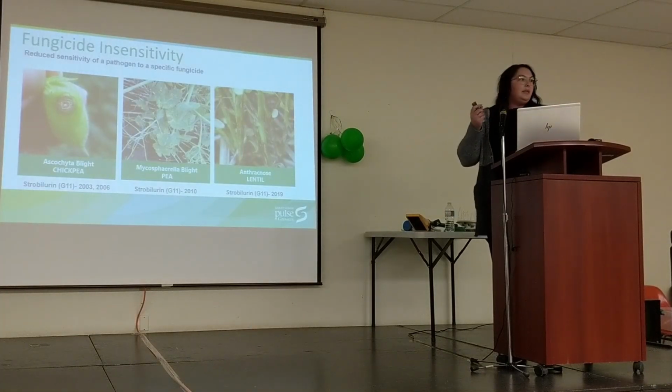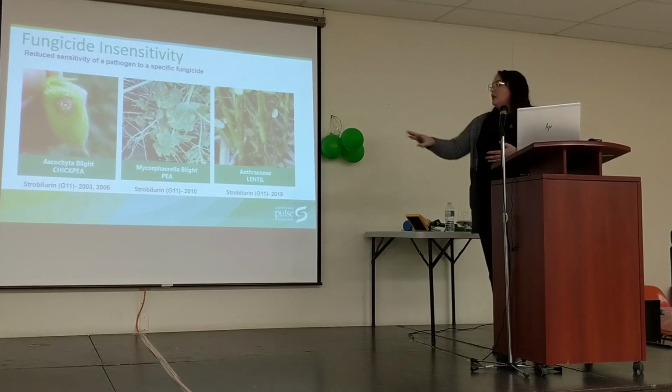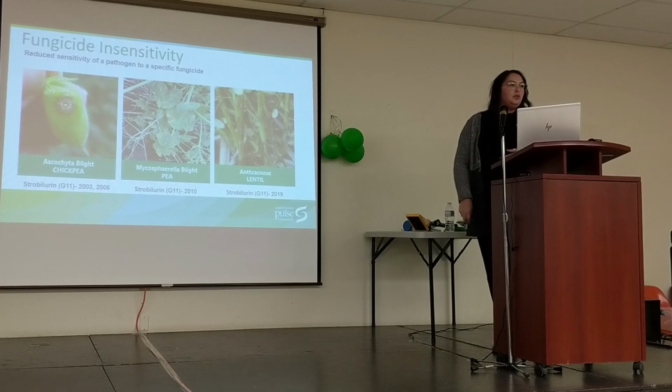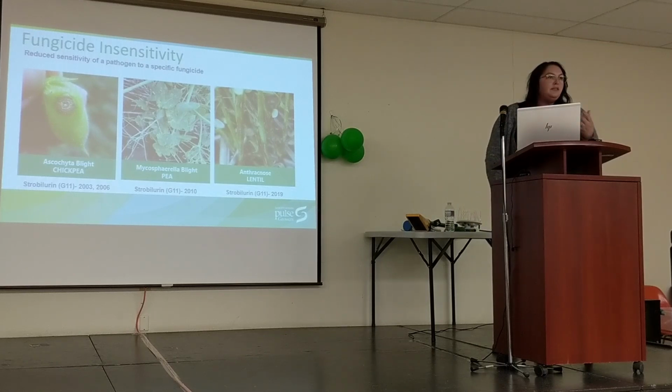And this is the reason I bring this up is because this is what we're seeing currently in our larger acre crops. So I talked a lot about Ascochyta. All three of these images are showing an Ascochyta infection in chickpea, lentil, and pea, and all of them have developed strobilurin resistance. So group 11 fungicide resistance has been confirmed across the board in all of these crops in the same pathogen. Different species of the same pathogen, but still within Ascochyta.